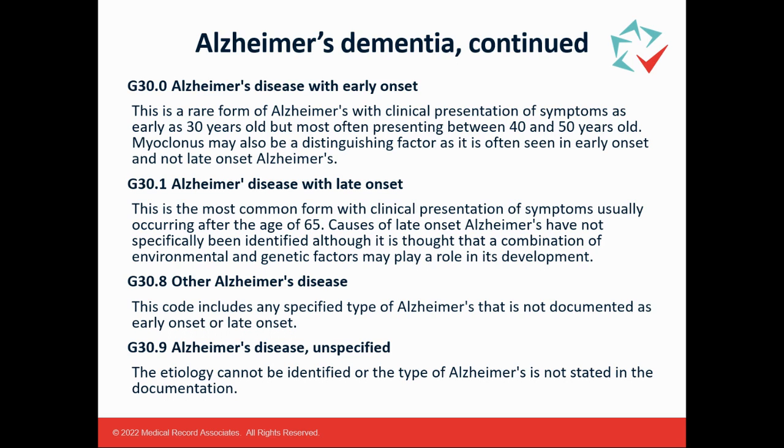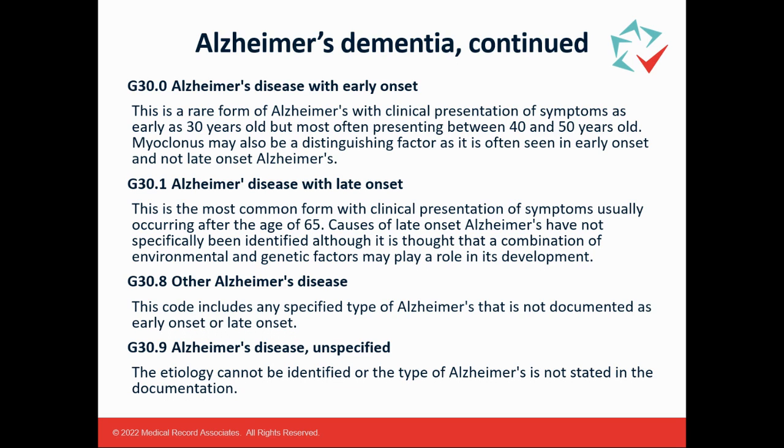We also have G30.8, other Alzheimer's disease. And this is a code that includes any specified type of Alzheimer's that is not documented as early onset or late onset. And finally, we have G30.9, Alzheimer's disease unspecified.